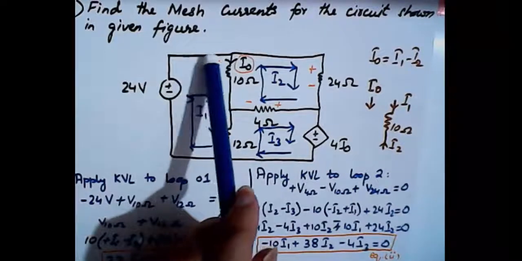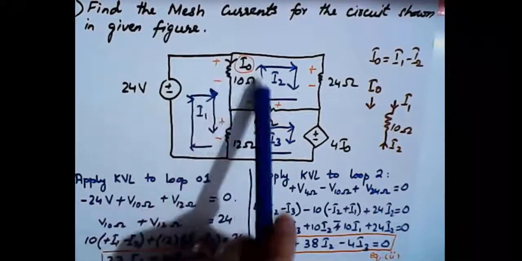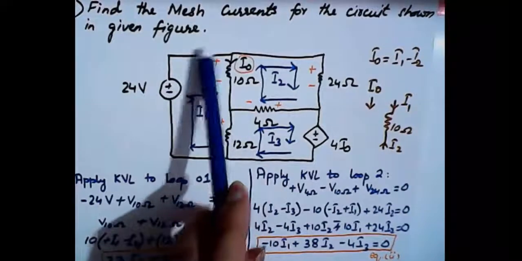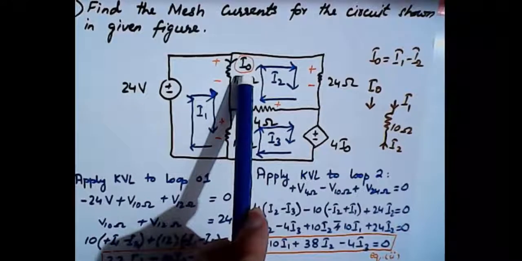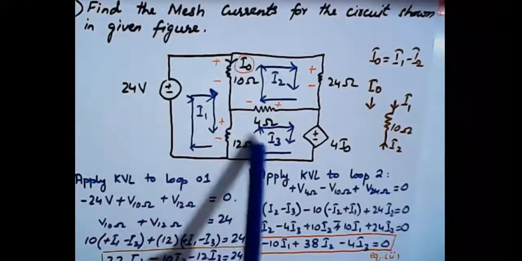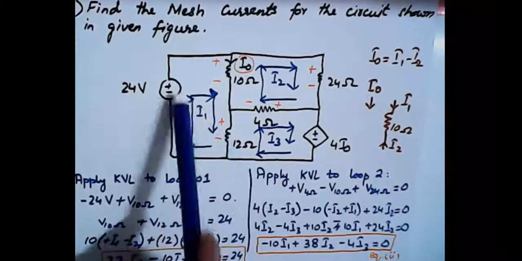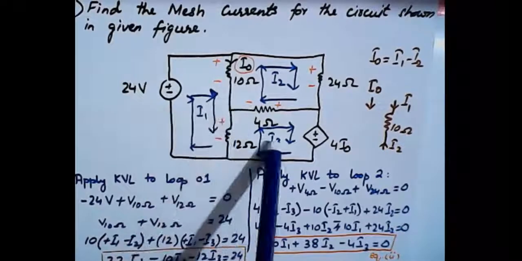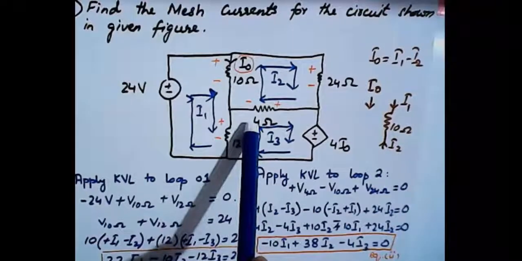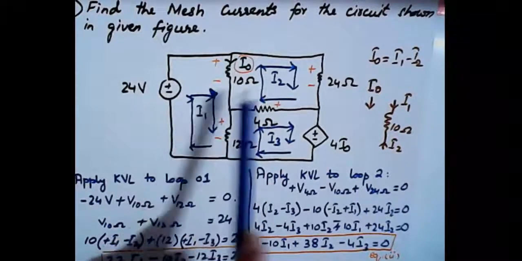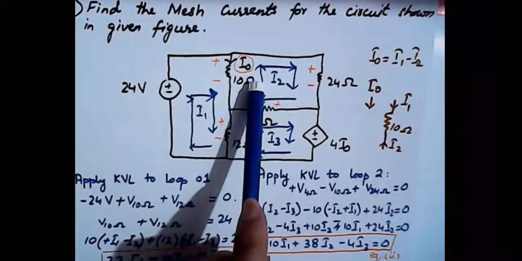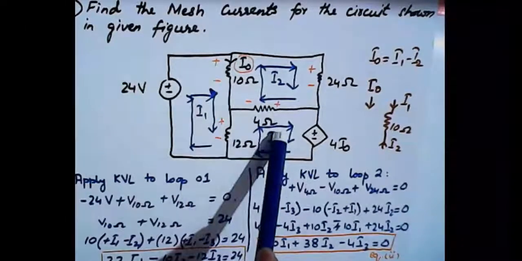Then we came across the 10 ohm resistance, for which two currents were involved. I1 current was entering the positive terminal, then I2 was entering the negative terminal. Similarly, for 12 ohm resistance, I1 is entering the positive terminal and I2 is entering the negative terminal here, right? Then we formed equation number 1, then we moved on towards equation number 2, and finally towards equation number 3.